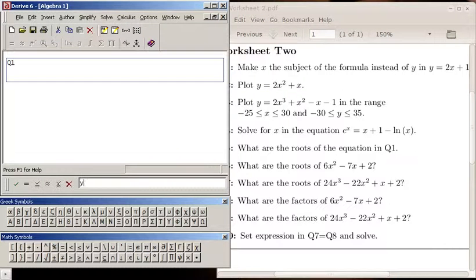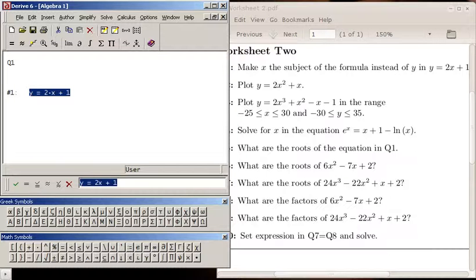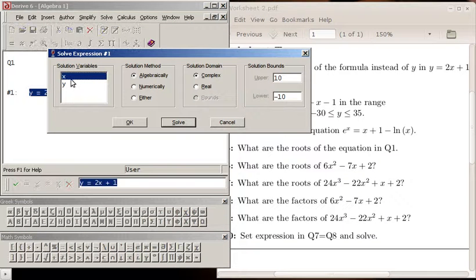Make X the subject in the formula instead of Y. So we want to find what the X is. In other words, we want to solve the expression, and we want to find what X is.